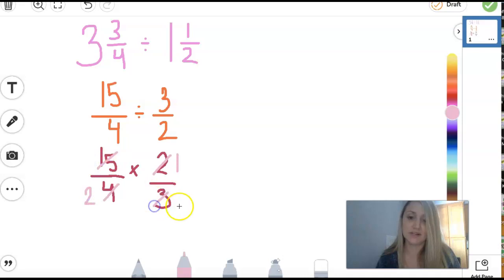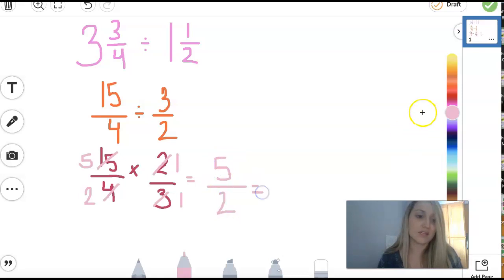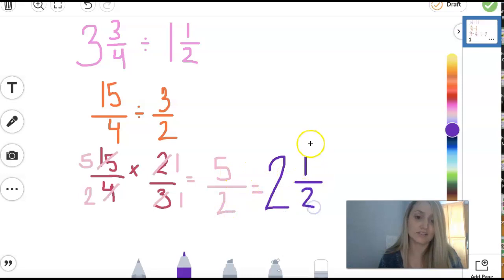Here we have 3 in common. 3 divided by 3 is 1, 15 divided by 3 is 5. So when we multiply across, 5 times 1 is 5, 2 times 1 is 2, and then 2 can go into 5 2 times, 2 times 2 is 4, then you have 1 left over, denominator stays the same. Okay?